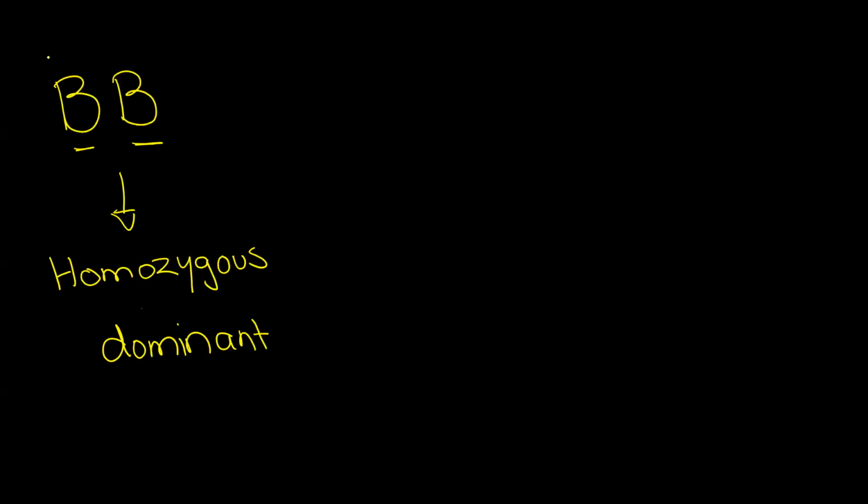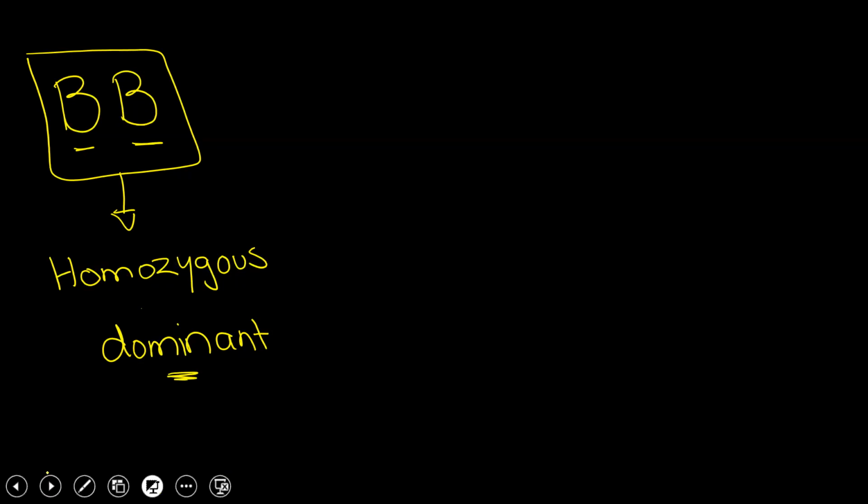Homozygous means both alleles are the same. And dominant means both alleles are what? Strong. Dominant. Very easy.